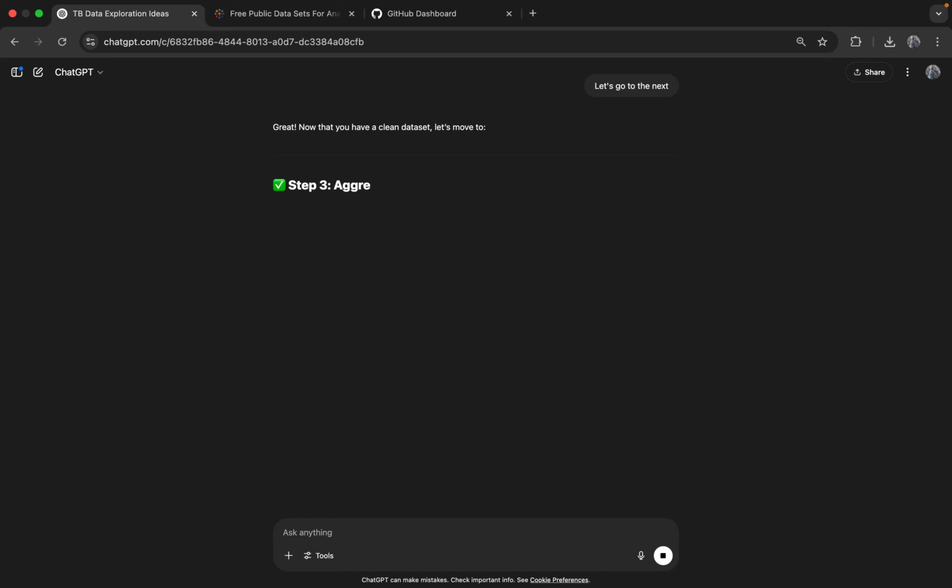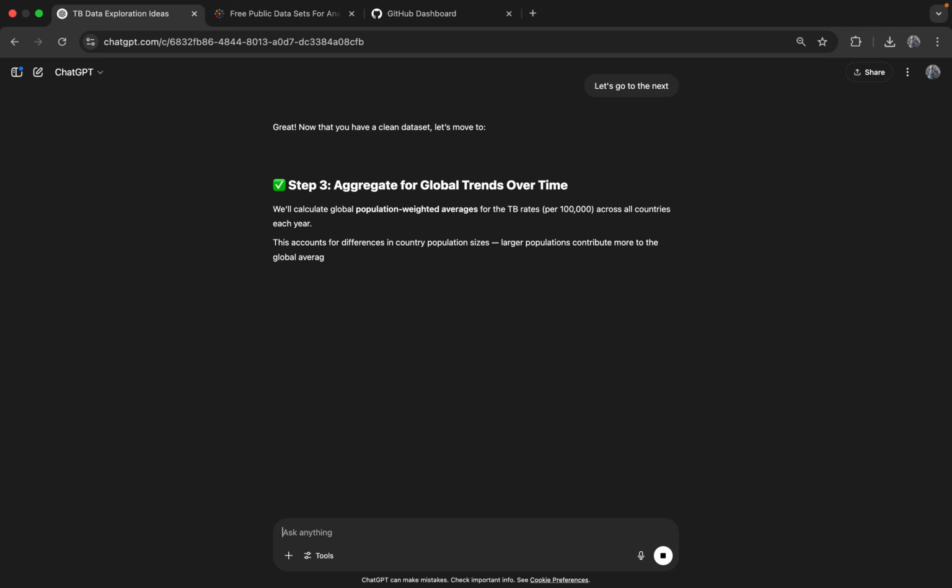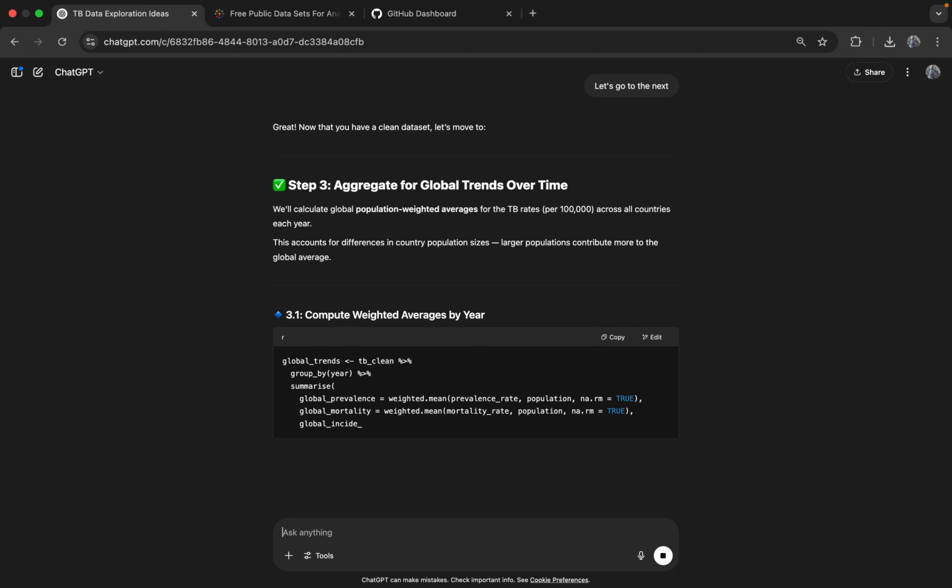which is aggregating. Okay, aggregate for global trends over time. So we'll calculate the global population weighted average for the TB rates across all countries.